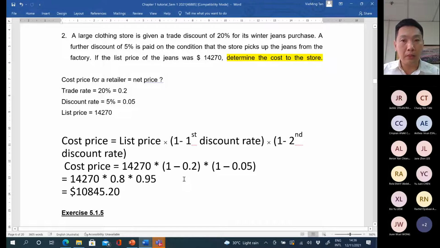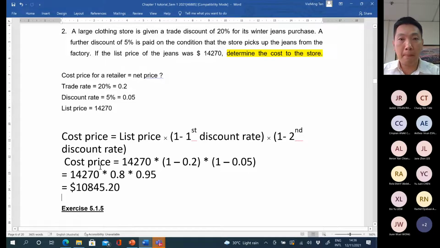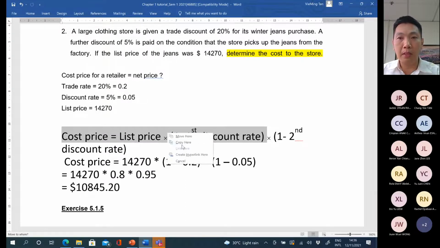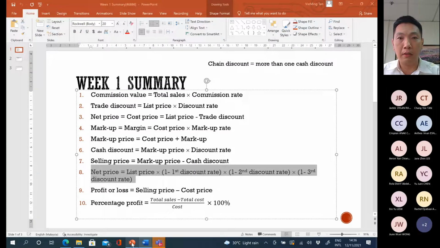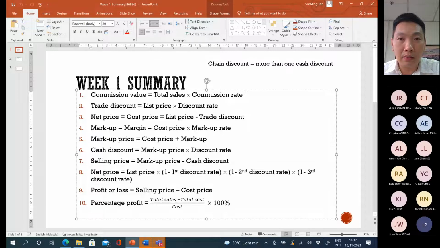Okay, so that means we do step by step. So I use different colors, because I have to show step by step. If you want to do step by step, okay, so we choose another formula, right? Let's say you choose this formula.